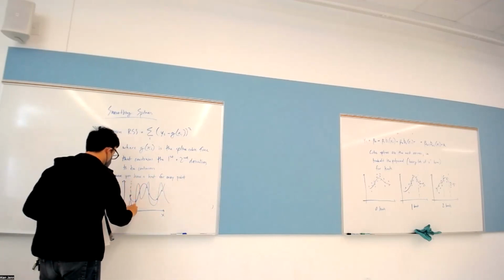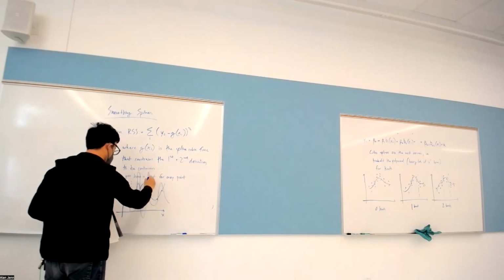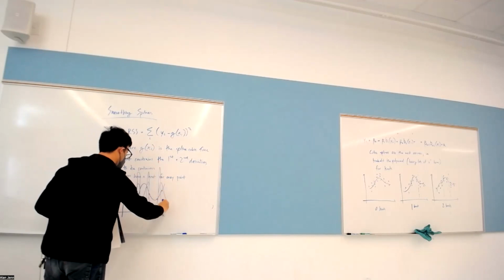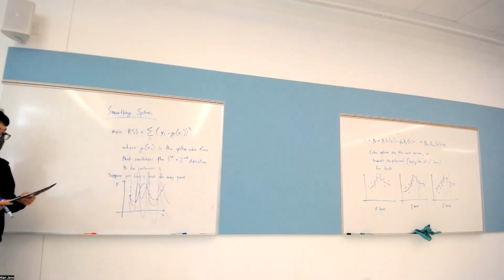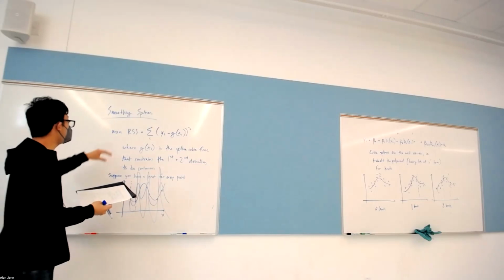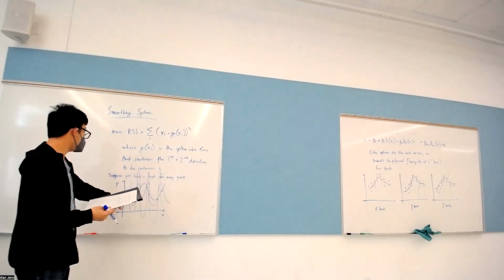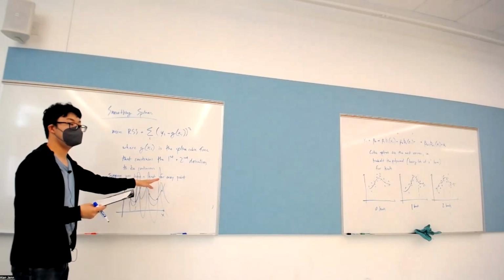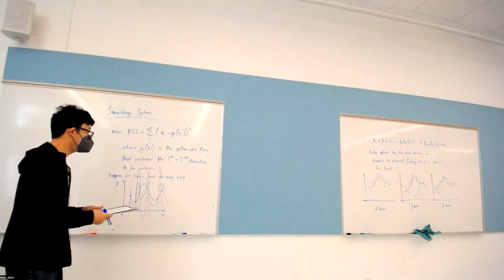I could even go really, really crazy. So all of these things will perfectly minimize the RSS, but we can imagine that compared to the first line that I drew, maybe all these other guys have some kind of overfitting.